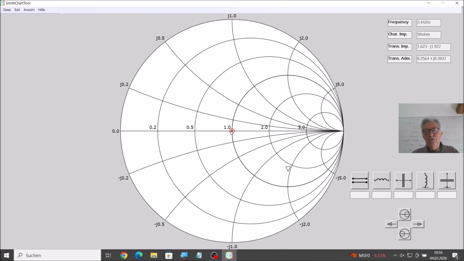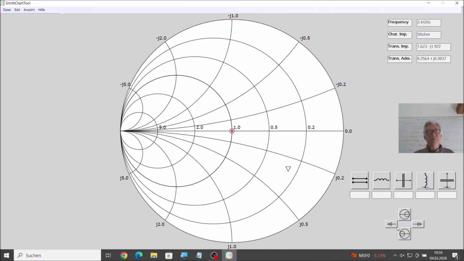And to do this, we have here the Smith chart, the impedance Smith chart, but I can also switch to the admittance Smith chart. So this is the admittance Smith chart.